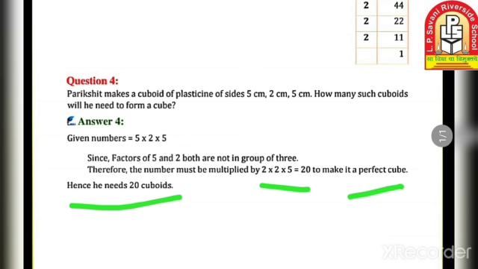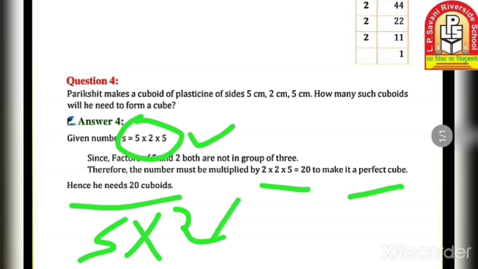So we need 20 cuboids, because here you can see that 5 multiplied by 2 multiplied by 5 is not a perfect cube number. To make it a cube, we must have groups of 3.